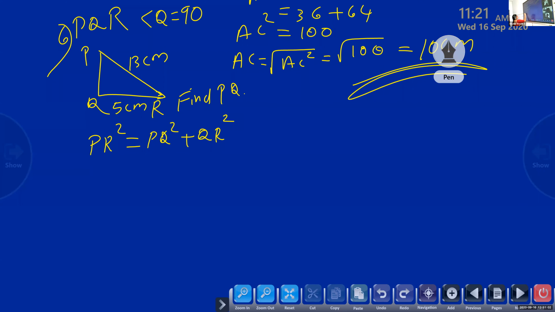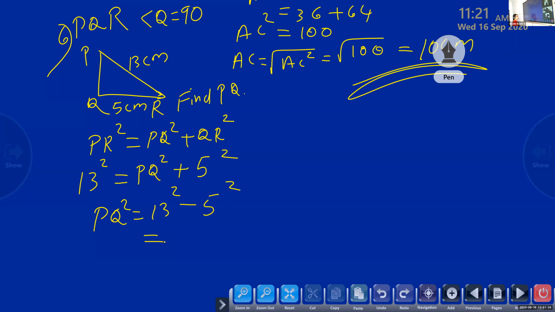PR square means it is 13 square. PQ square we need to find. QR square is 5 square. So PQ square can be 13 square minus 5 square.